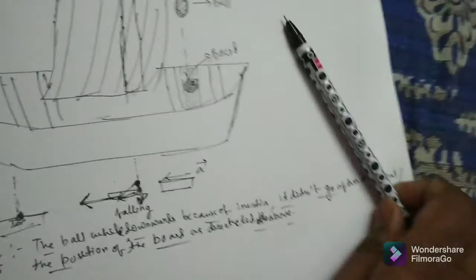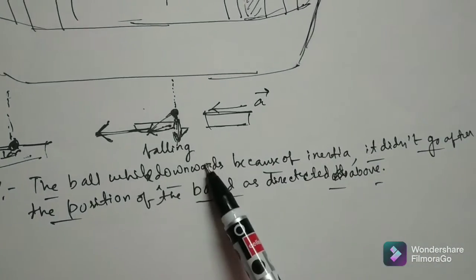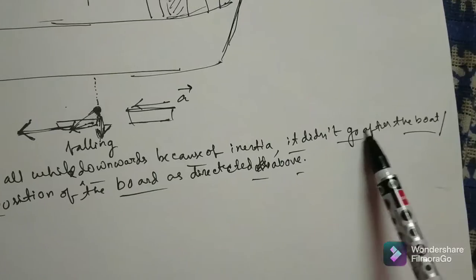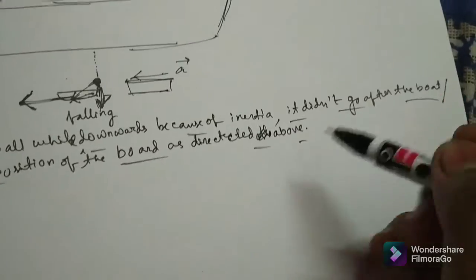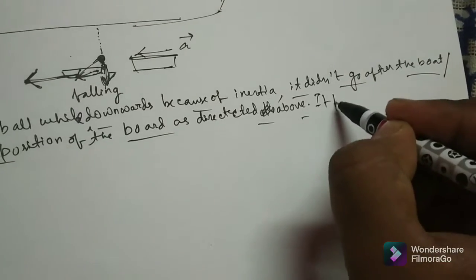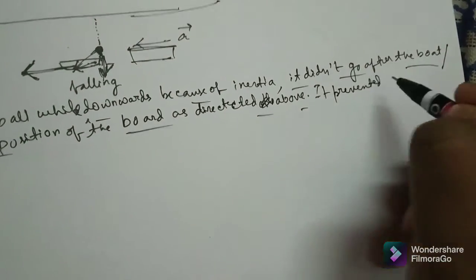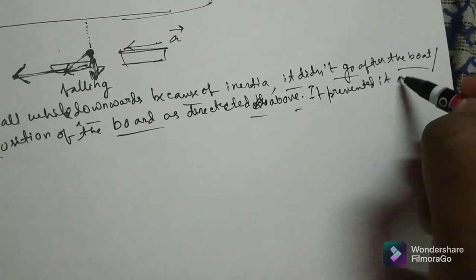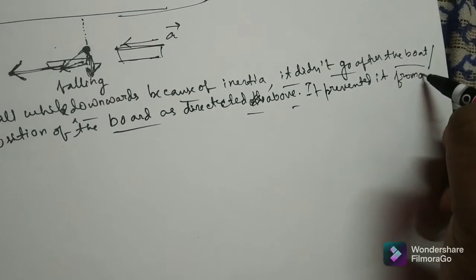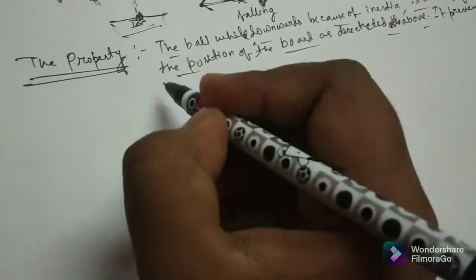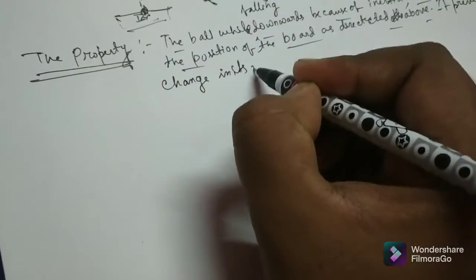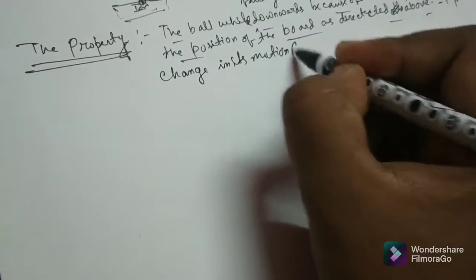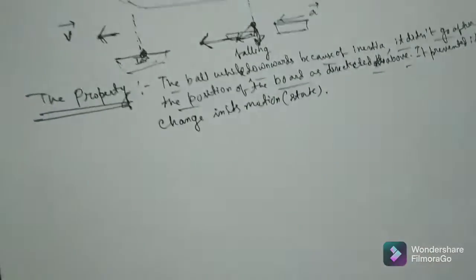That is what I wrote here, that the ball, while falling downwards because of inertia, didn't go after the boat or the position of the boat as directed above. It prevented any change in its motion, mainly the state.